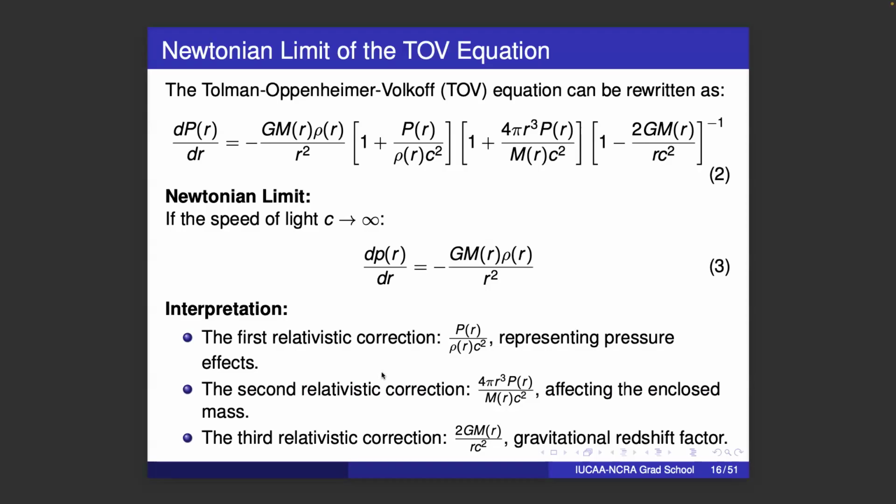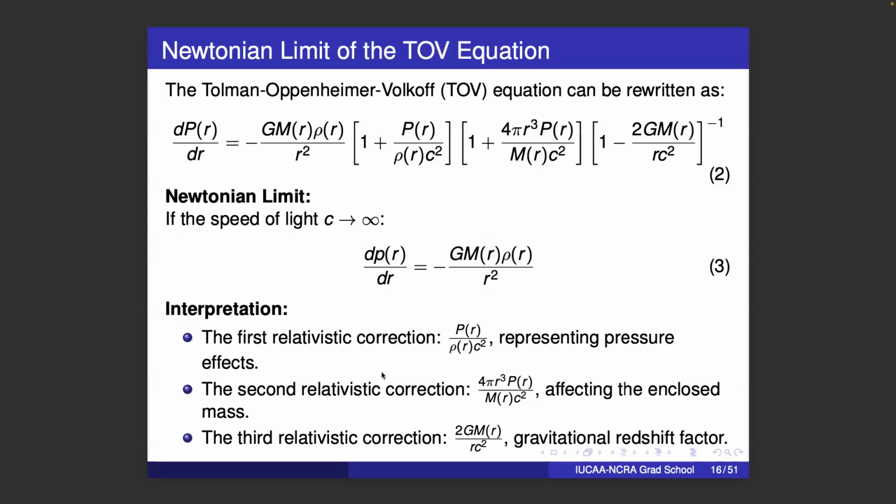This takes into account the fact that the enclosed mass has to be recomputed using the general relativistic formulation. And the third correction takes into account an effect known as gravitational redshift.